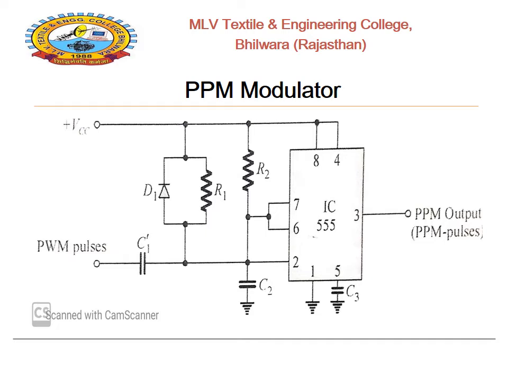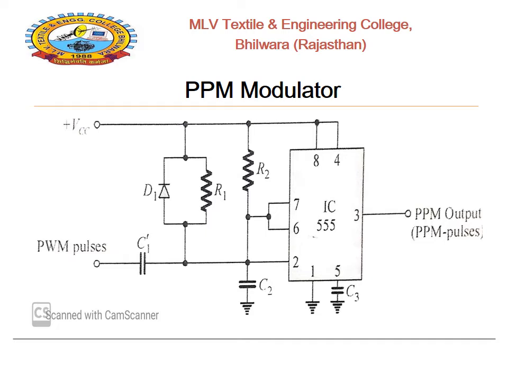Diode D1 bypasses the positive spikes, while the negative spikes are used to trigger the monostable multivibrator. Then the monostable multivibrator produces pulses of the same width and height with reference to the trigger, to generate the pulse position modulated waveform.